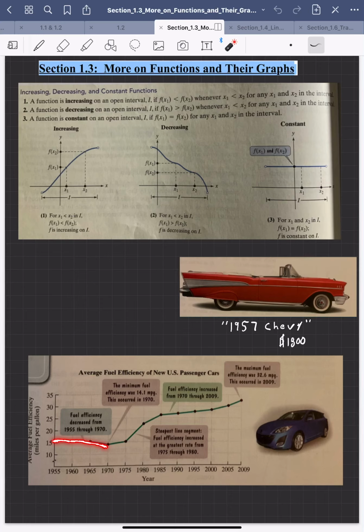From here to here, your fuel efficiency is decreasing. And then once we get to here, we start getting increases in fuel efficiency. So what we're interested in is listing those intervals where something's increasing, decreasing, or constant.